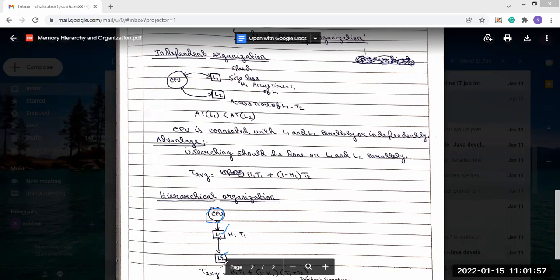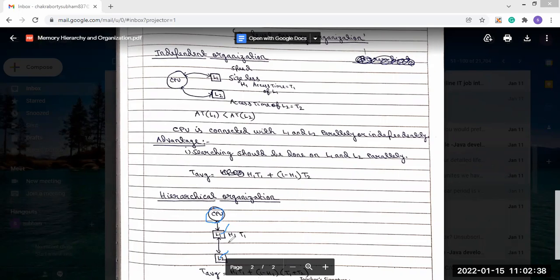Now let's say the CPU wants to find some particular data. In the independent organization, we have seen that the searching is done in parallel. The CPU checks the data in L1 and, at the same time, checks it in L2, so in a single time step it is checked in parallel in whichever level it is present.